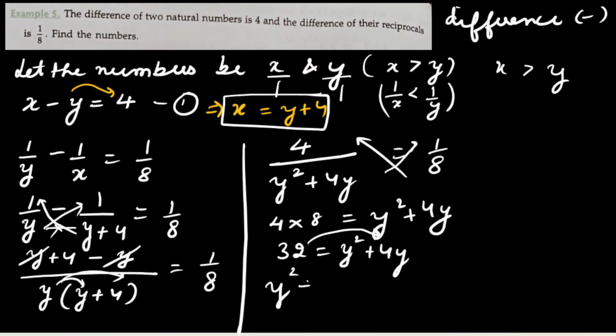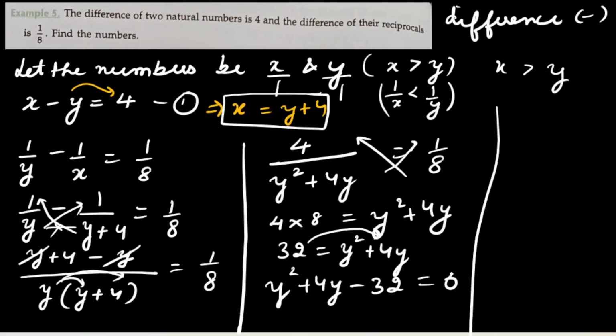Y square plus 4y is already positive, so I am just shifting because I need the square term positive. So minus 32 equals 0. I have got the required quadratic equation: y square plus 4y minus 32. This is the required quadratic equation.